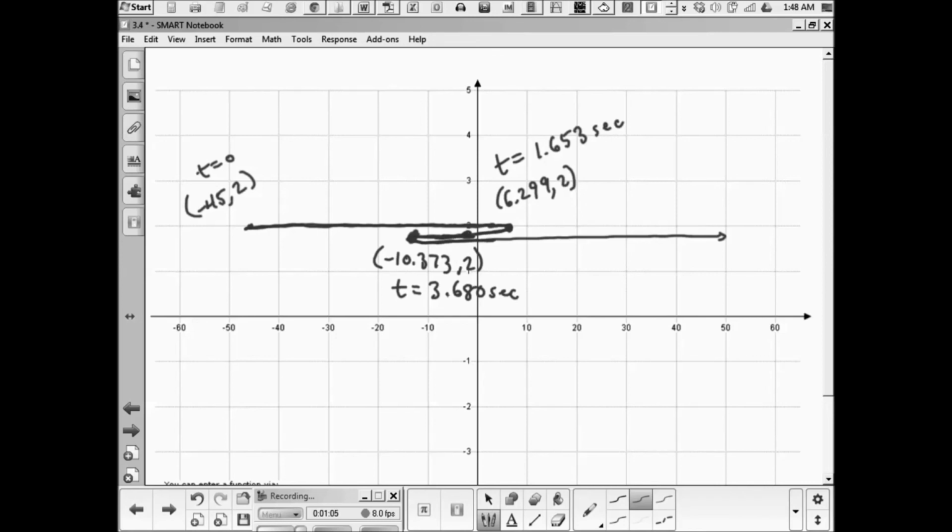Then it had to slow down to get to this point. And then turning around, it speeds up and goes forever. So when was it speeding up? It was speeding up to begin with. But then it had to slow down, stop, speed up. It has to slow down again in order to stop. And then it speeds up again.